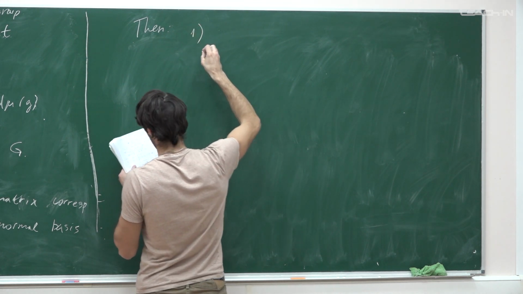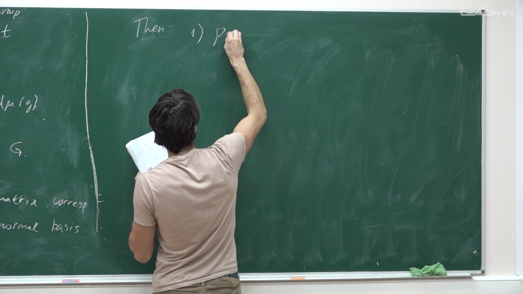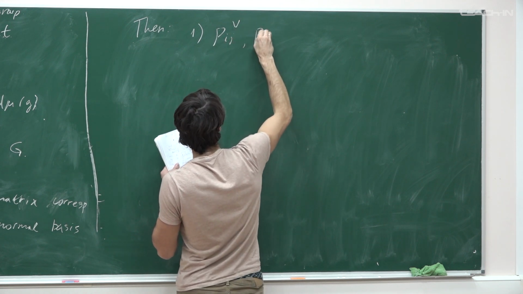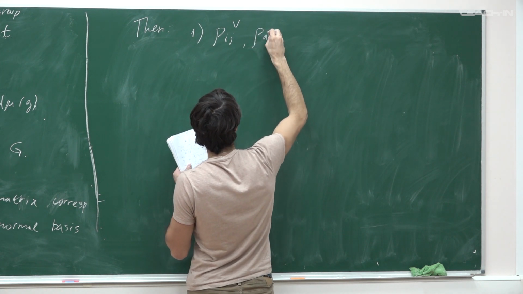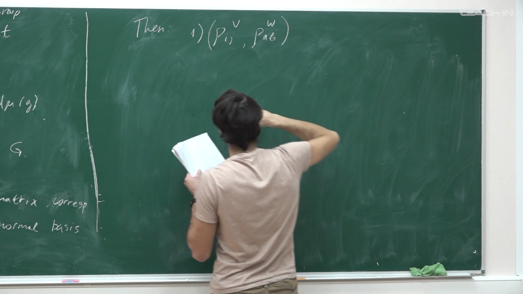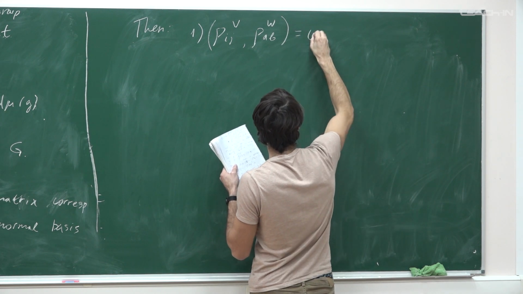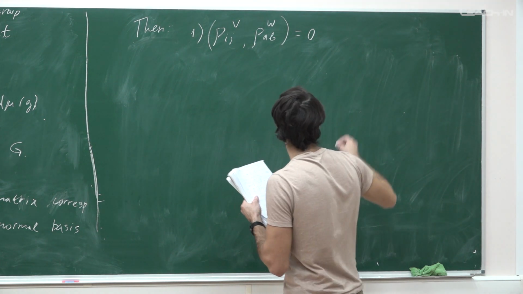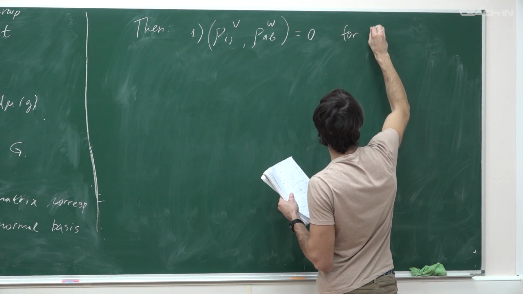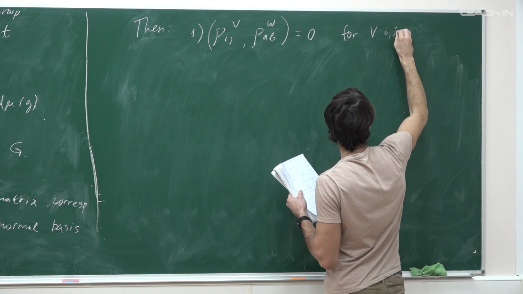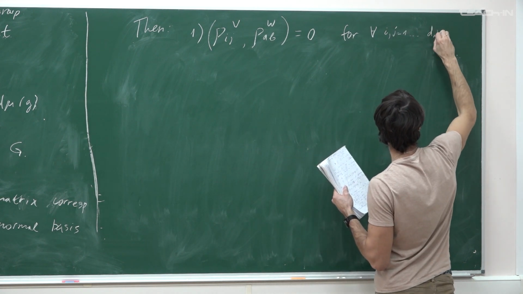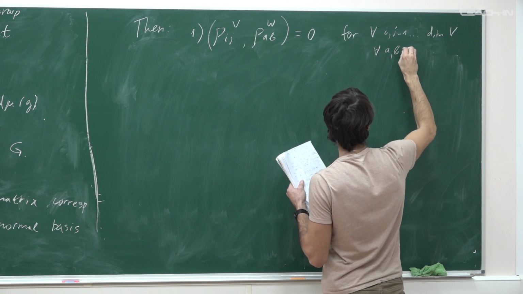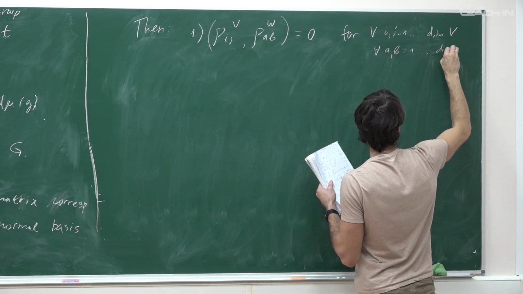First of all, the inner product of rho ij V and rho ab W is 0, for every i, j from 1 to dimension of V, and for every a, b from 1 to dimension of W.